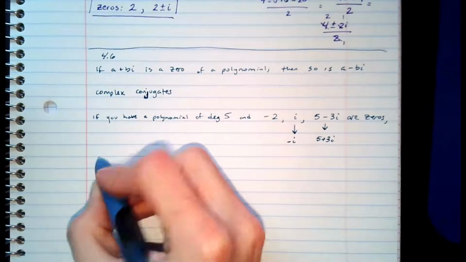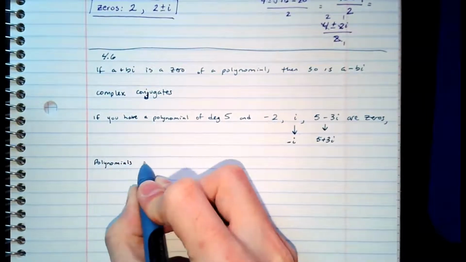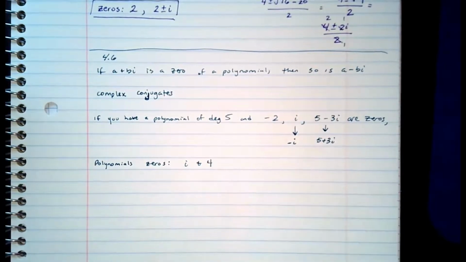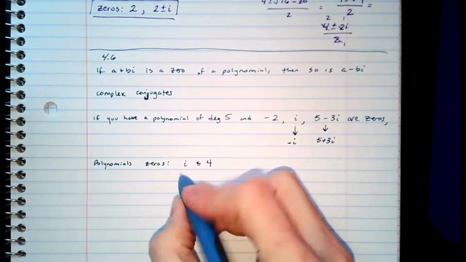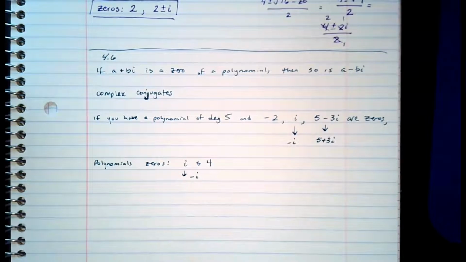So let's write a polynomial that has zeros i and 4. The first thing you would say is that negative i also has to be a zero. But writing these as a polynomial can get a little tricky.